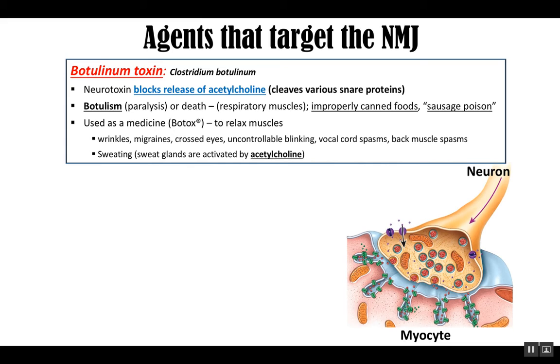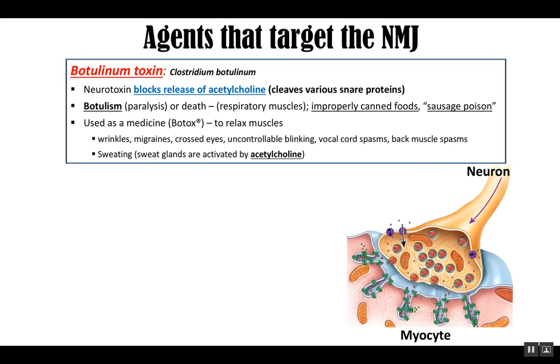Back before we knew this, if we didn't prepare and can foods properly, this organism could grow inside canned goods because there's very little oxygen, and it loves that. It was often called the sausage poison, which I found out is not because you were getting it from sausage. It's actually because of the shape of the microbe, which kind of looks sausage-shaped.